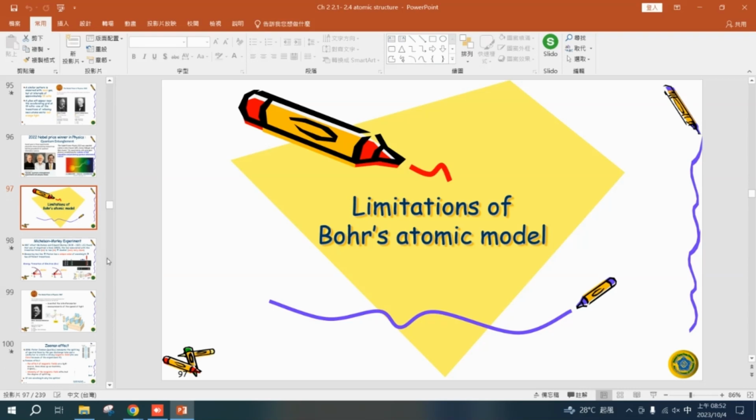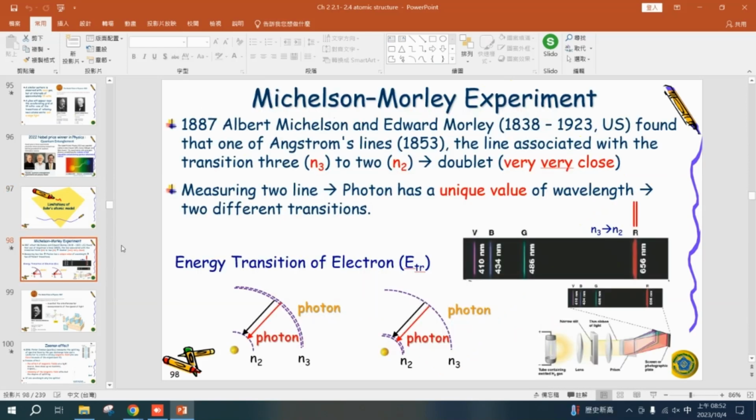Last week we also talked about limitations of the Bohr atomic model. There are three. The first one is the Michelson-Morley experiment. It tells us that in the spectrum of hydrogen, in the red color, there are two lines. The two lines mean two wavelengths. Two wavelengths mean there are two transition energies.